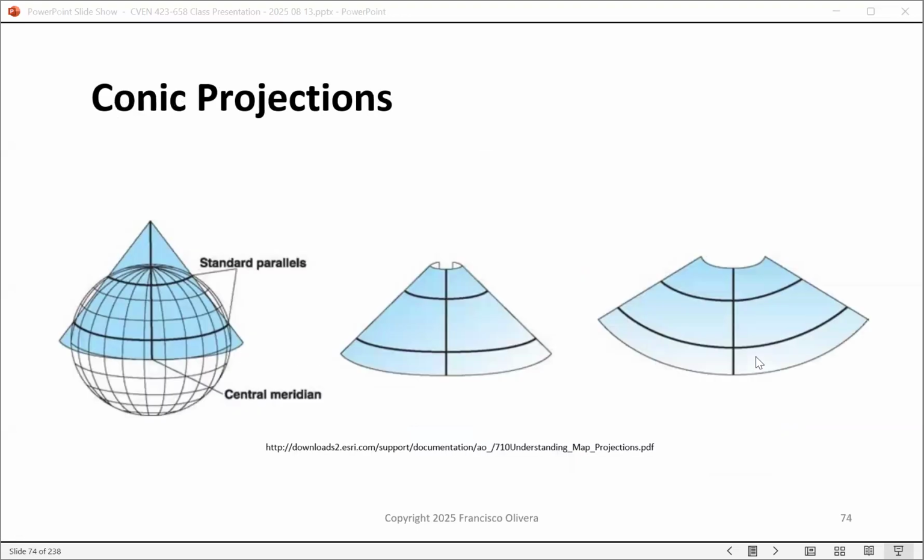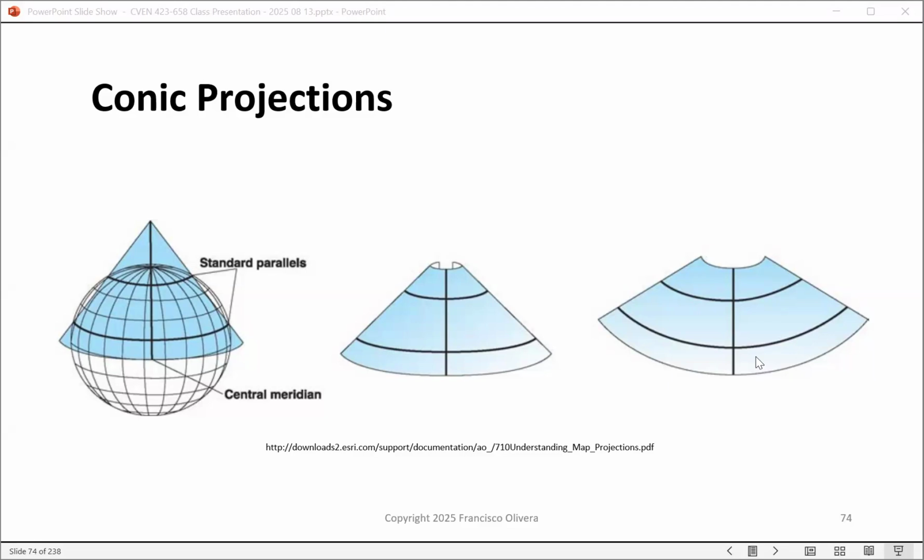In order to decrease distortion, instead of having the cone tangent to the surface of the Earth, it's better to have it secant. So by doing that, we're going to have two what is called standard parallels, which is where the cone intersects the surface of the Earth.